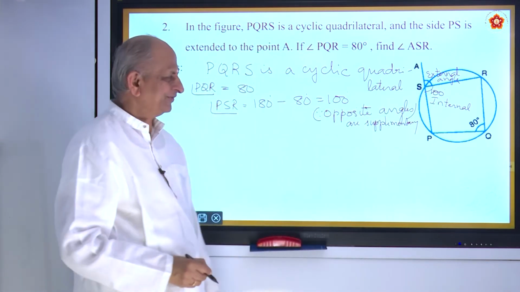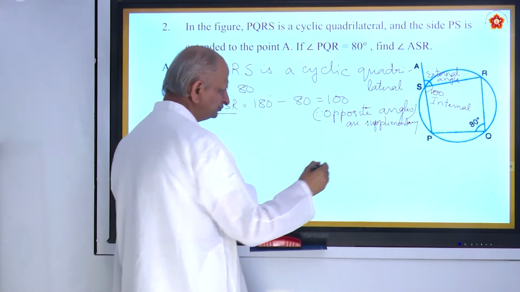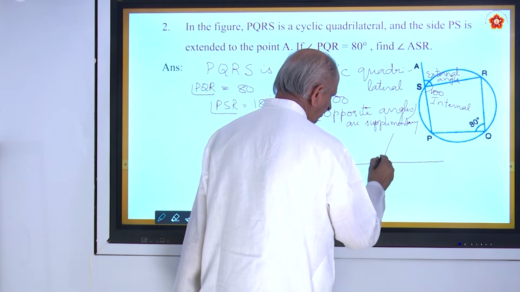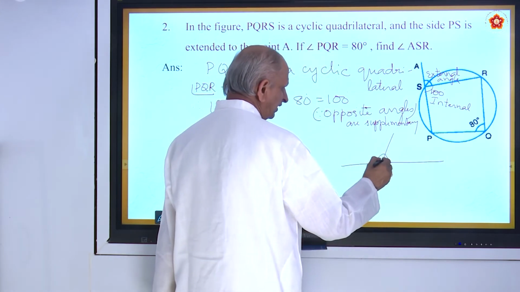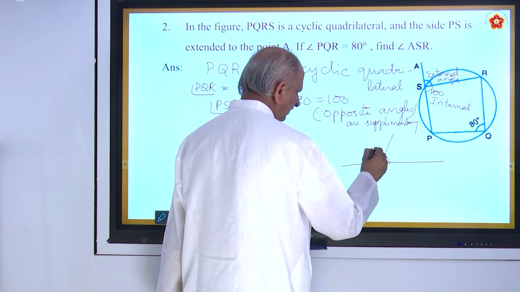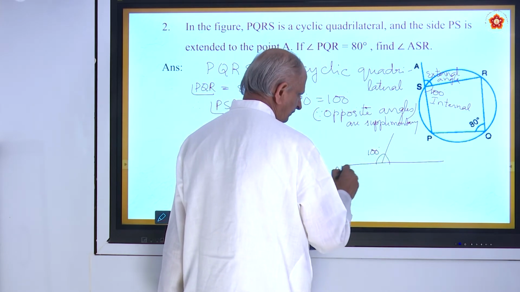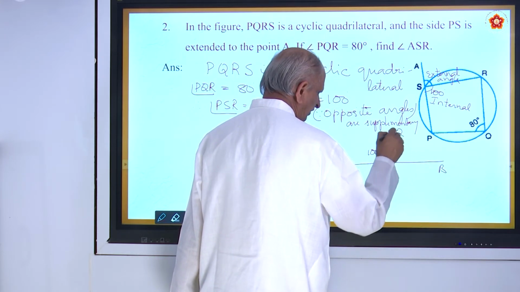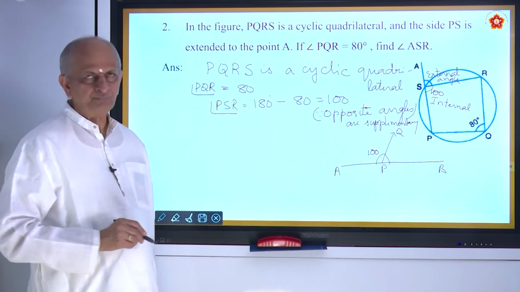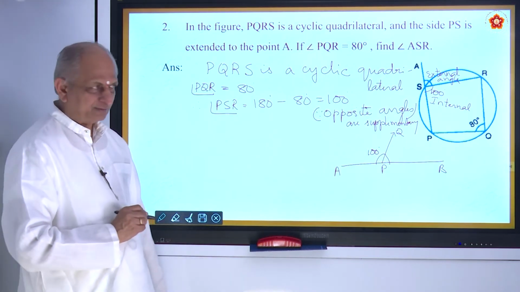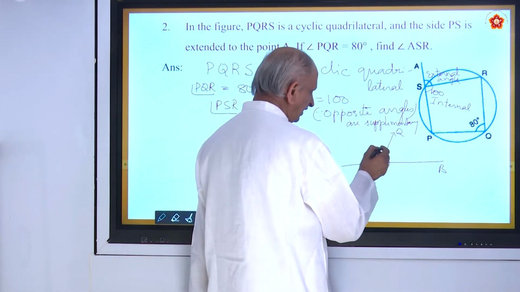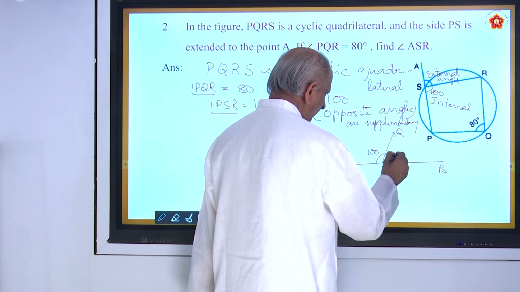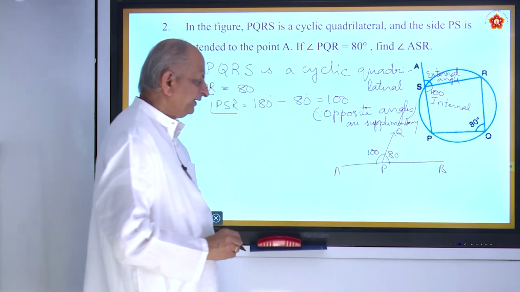When a ray stands on a line, what is the sum of the two angles formed? 180 degrees, right? Here one angle is 100 degrees. Suppose you have a line called APB, a ray is standing on that. The sum of the two angles becomes 180. So, one angle is 100 degrees, the other angle becomes 80 because the sum of these two is 180.